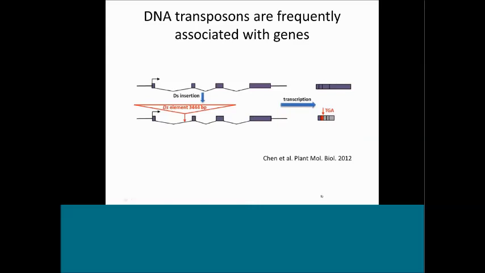Here is an example: a DNA transposon called Ds inserted into an intron of a gene related to lignin synthesis, and of course, the frame shift of the transcript then eventually led to a reduced amount of lignin in the plant. So DNA transposons or some of the retrotransposons could be inserted very close to the gene or inside the gene.